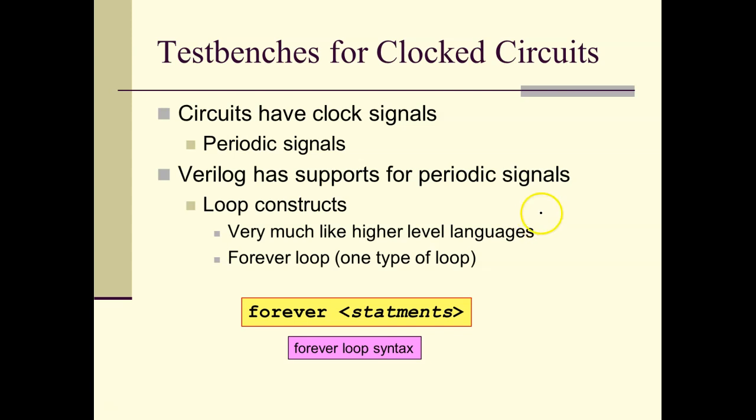They are very much like higher-level languages, but the one loop we are interested in here is the forever loop. As the name implies, once it executes it runs forever, or at least for us, until the simulation ends. Very simple syntax. We'll see some examples in a second.